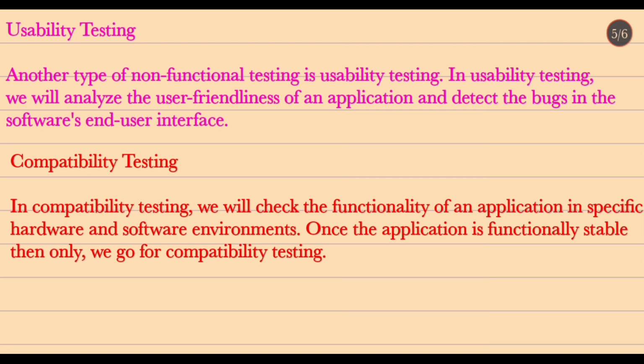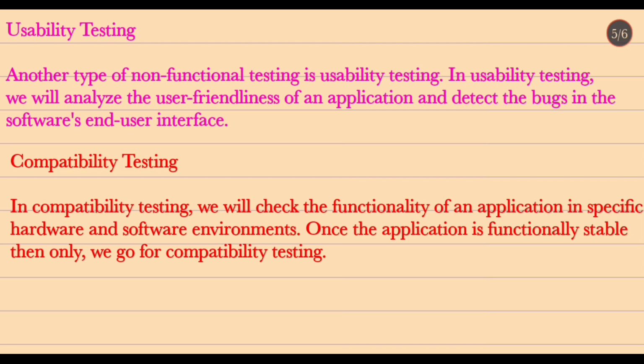Now the third is compatibility testing. In compatibility testing, we check the functionality of an application in specific hardware and software environments. Suppose we have developed an application and we select some set of hardware or software on which the application should run.